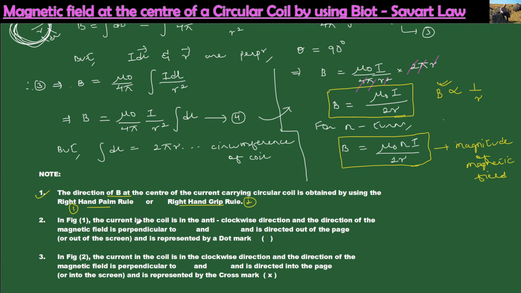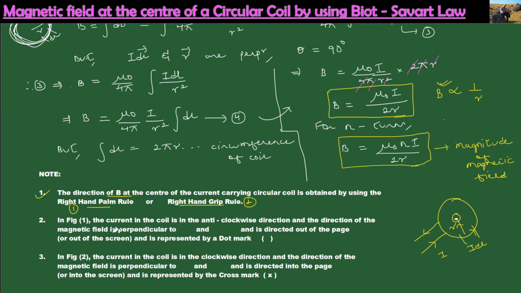In that figure 1, the current is in the anti-clockwise direction. This is the coil, this is our current element, and this is our R vector. The direction of our current element will be indicated by the dot which is pointing upwards.